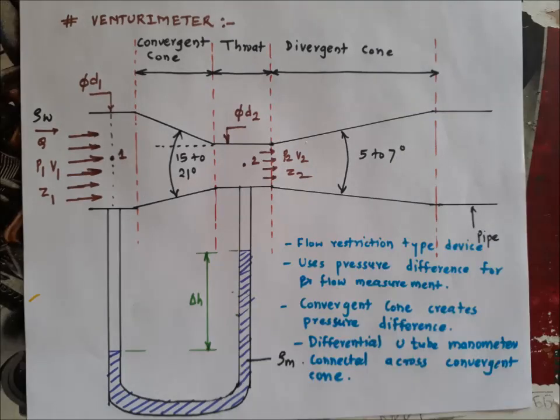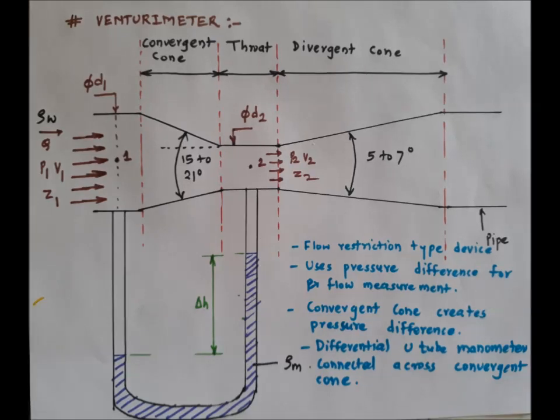It consists of three sections: one is the convergent cone, the second is the throat, and the third is the divergent cone. It is fitted in a pipe where the convergent cone is facing the flow, while the flow leaves the Venturimeter through the divergent section.